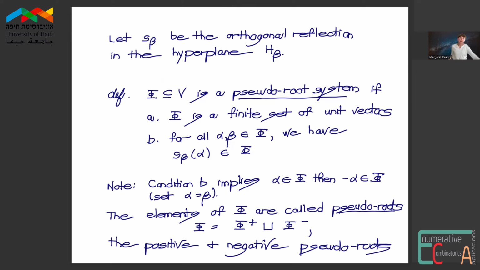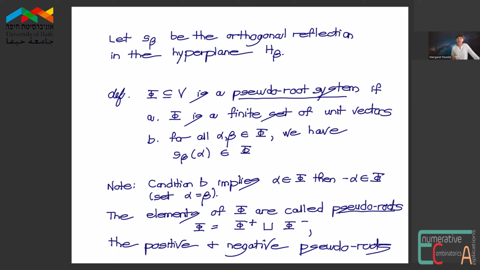So phi in the vector space V is a pseudo-root system. We have a finite set of unit vectors such that if you apply an orthogonal reflection in the hyperplane H sub B to the vector A, it's still in the set. So it's nice and fixed.